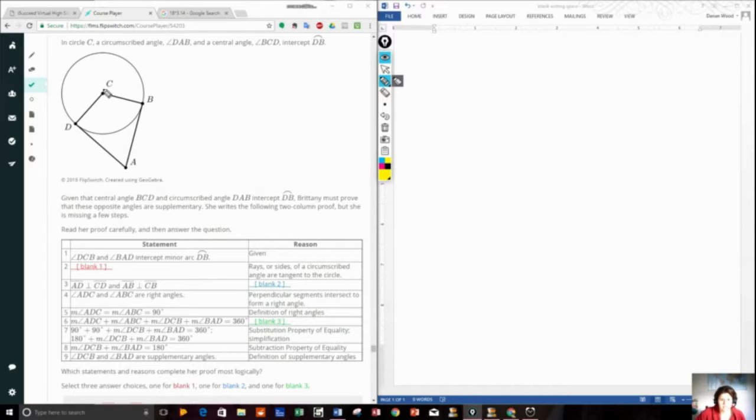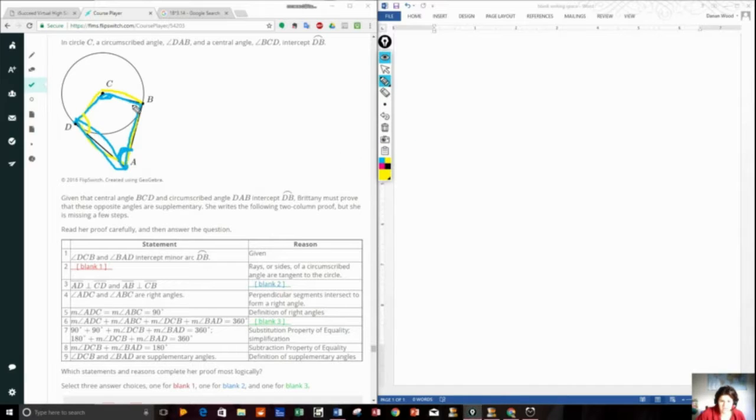So then they're saying the measure of angle ADC plus the measure of angle ABC plus the measure of angle DCB, this angle, plus the measure of angle BAD, this angle, is equal to 360 degrees.